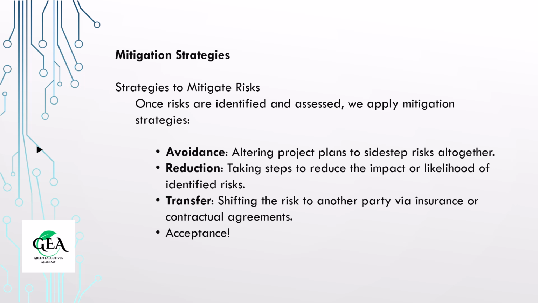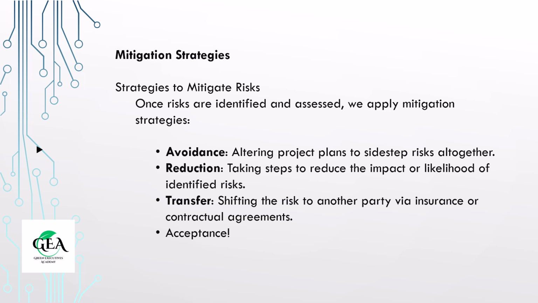Next, we have reduction, which involves taking steps to minimize either the impact or the likelihood of risks. Installing backup systems or implementing robust maintenance schedules can reduce technical failures significantly.